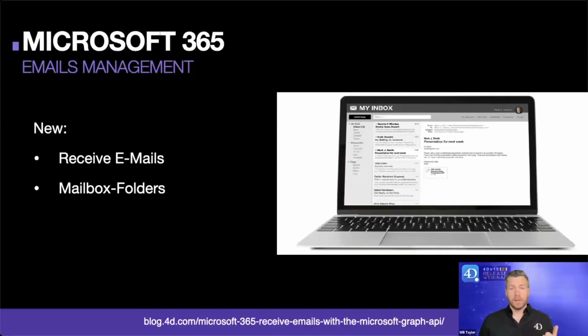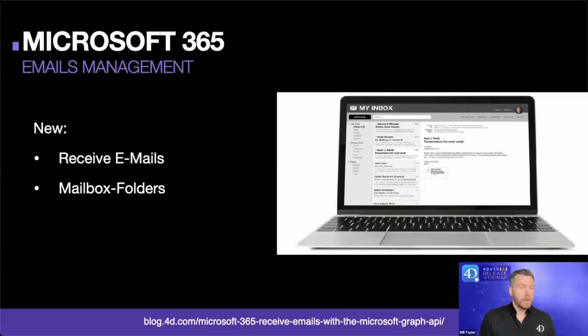Commands for receiving emails, listing the folders, moving the emails from one folder to another, replying to an email and creating a conversation, creating a draft email and saving it to a folder of your choice, and also deleting an email. Now, to learn more about this very broad topic, I invite you to check out the blog. It's quite a vast topic and can be a great thing for your application.